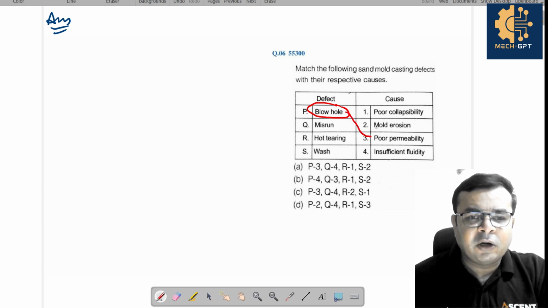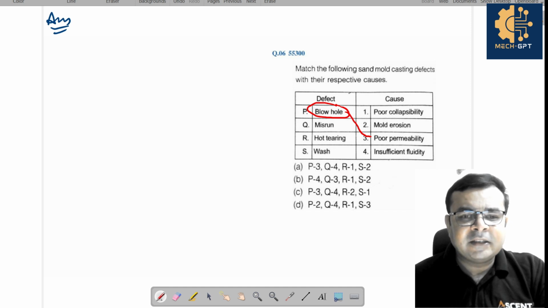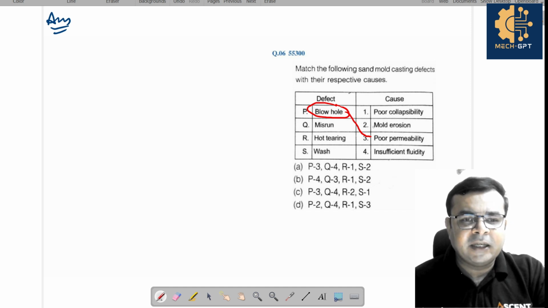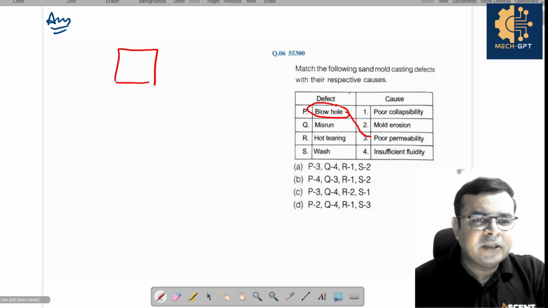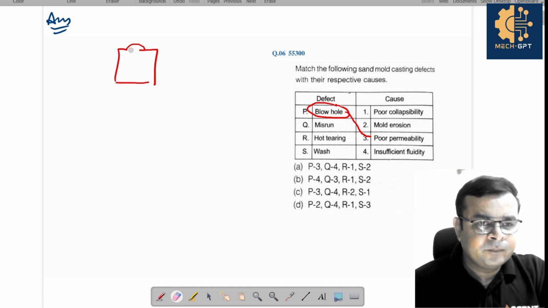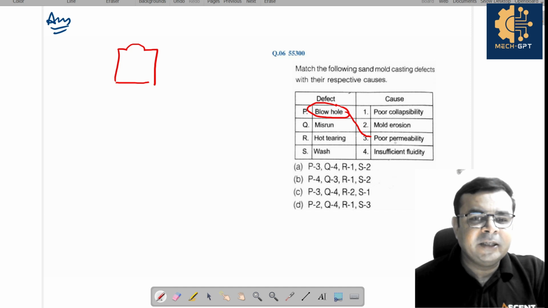If permeability is poor, then obviously the gases may get trapped inside the casting, and when they release, they make a hole. Obviously, blowhole is a surface defect. Yes or no? It will happen like this. This is called blowhole. Correct? So it is mainly caused due to poor permeability.